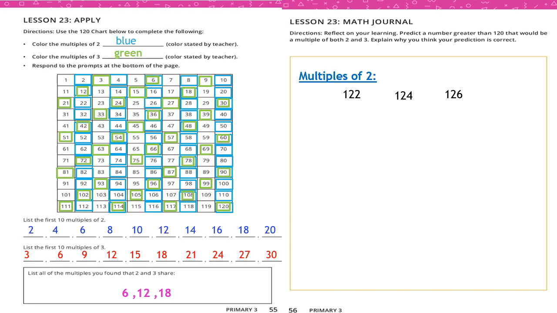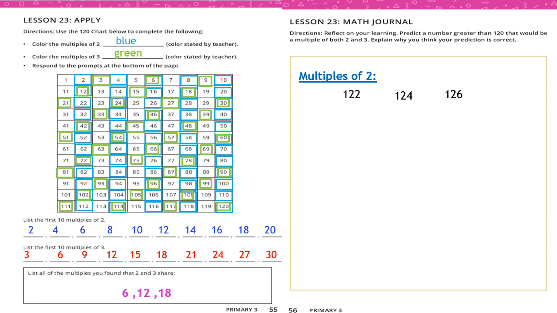How did you know it? Because multiples of 2 are only even numbers. And we want greater than 120. So what is the smallest even number greater than 120? 122. What's the next even number? 124. What's next? 126. Okay. These are multiples of 2.